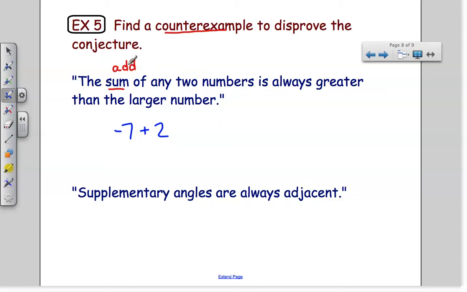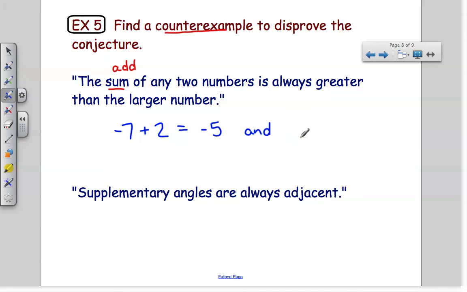I'm still doing the sum because I'm adding two numbers. And what is the sum of negative 7 and 2? Negative 7 plus 2 is negative 5. The sum is negative 5 because that's the total when I add. Is this number greater than the larger number? Wasn't the larger number 2? Well, is negative 5 greater than 2? No.